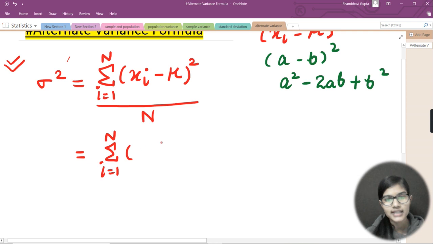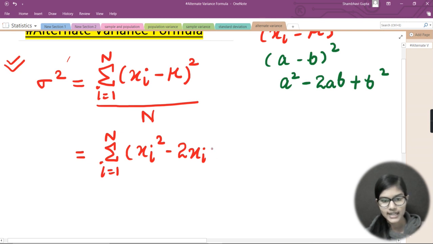So a square means xi square, okay? Now next I need to put a minus sign, and then 2 and then a into b. My a is xi and my b is mu. So xi square minus 2ab, where a is xi and b is mu. Okay, this is mu.